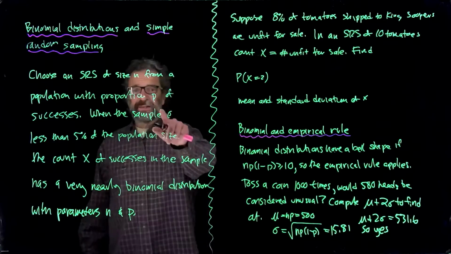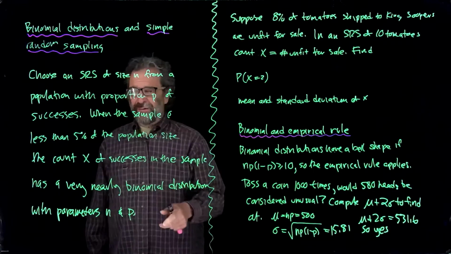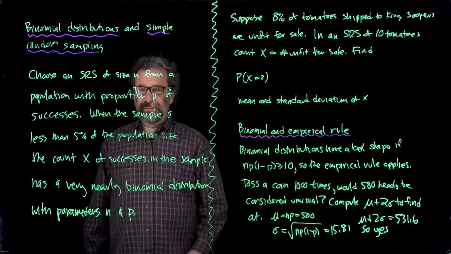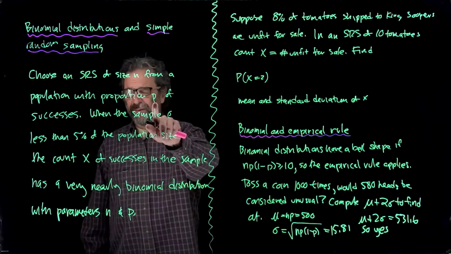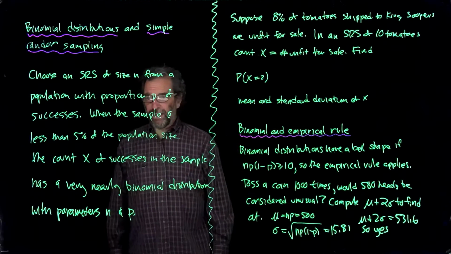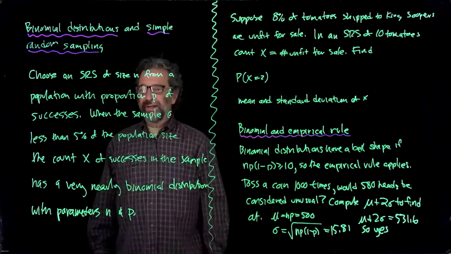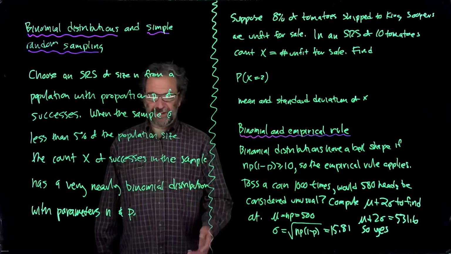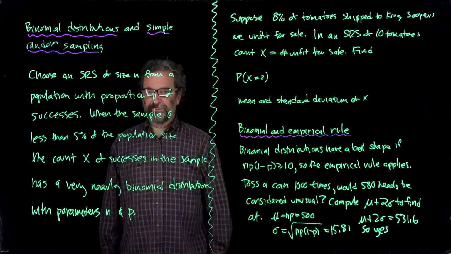So we've got proportion p of successes in the population. If you just sample, say, one item, the probability that item is a success is p. But as you continue the sampling process, if you take out successes, then there are fewer successes left over, so the probability of success goes down if you collect successes, and goes up if you collect failures.